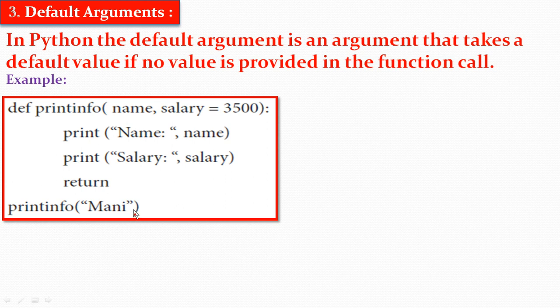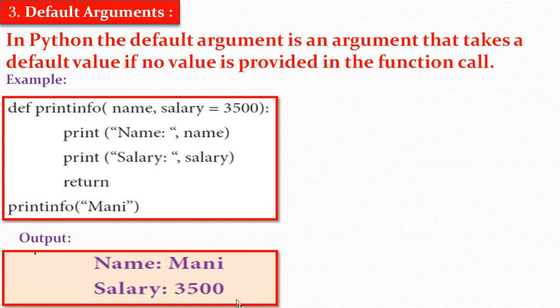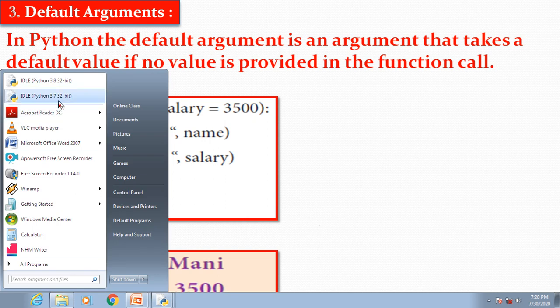So the compiler takes the value of salary from the default argument, that is 3500. The output is name colon money, salary equal to 3500. We are going to see this by using the IDLE window.